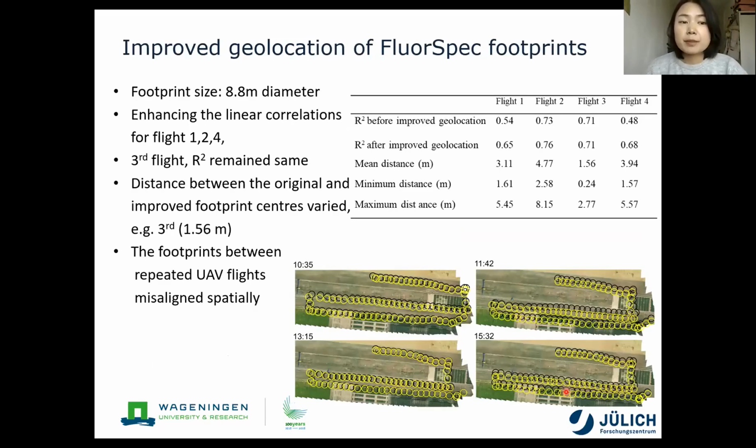This slide is about the results of the improved geolocation of the FluorSpec footprint. From this table, we can see that after the improved geolocation, for flat 1, flat 2, and flat 4, the linear correlations between the FluorSpec SIF and the HyPlant SIF were improved, especially for flat 1 and flat 4.